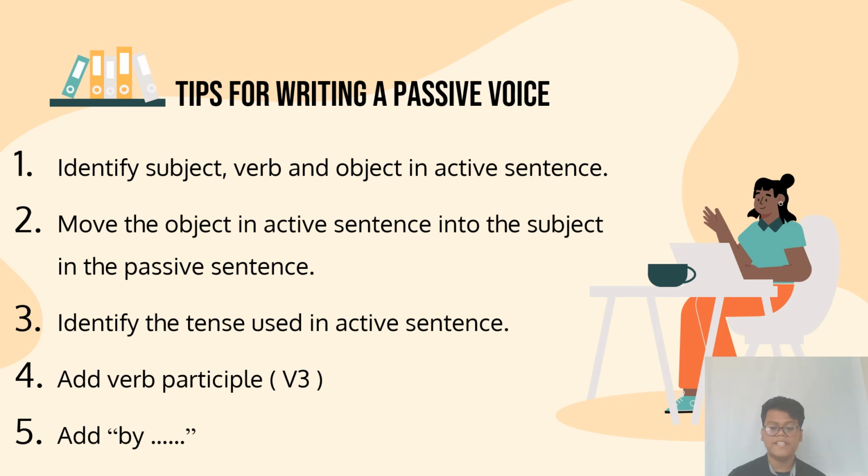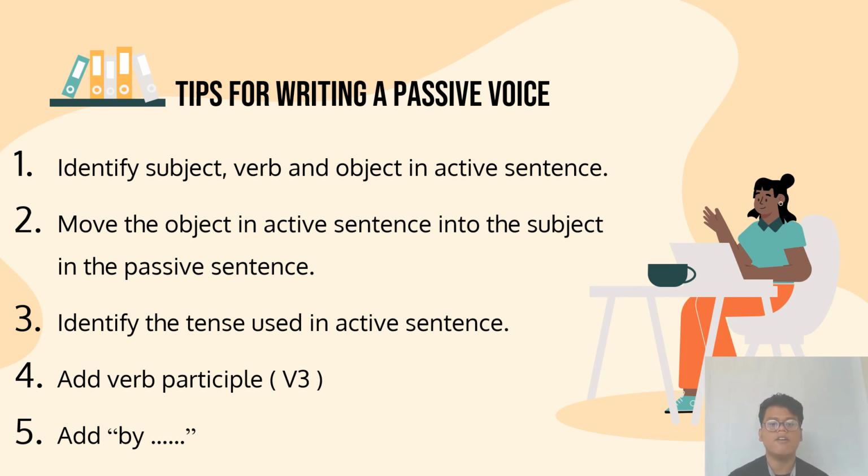From the explanation I gave earlier, I will give tips on how to write or make a passive sentence. Tips for writing passive voice. First, identify the subject, verb, and object in the active sentence. Second, move the object in the active sentence into the subject in the passive sentence.